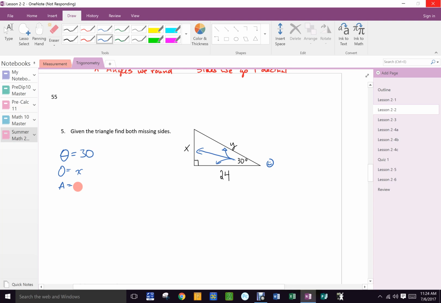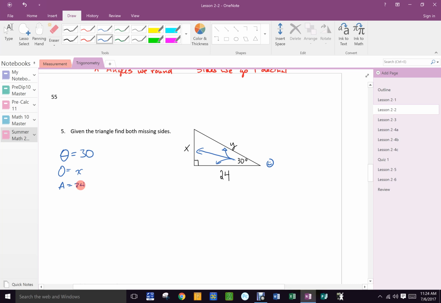Amrit, am I finding a side or an angle here? Side. So is it tan or shift tan? Tan. Excellent. Tan, what's my theta? 30 equals opposite, which is what? Over what? 24. Number on the bottom, multiply or divide? Multiply. 24 tan 30 equals X.